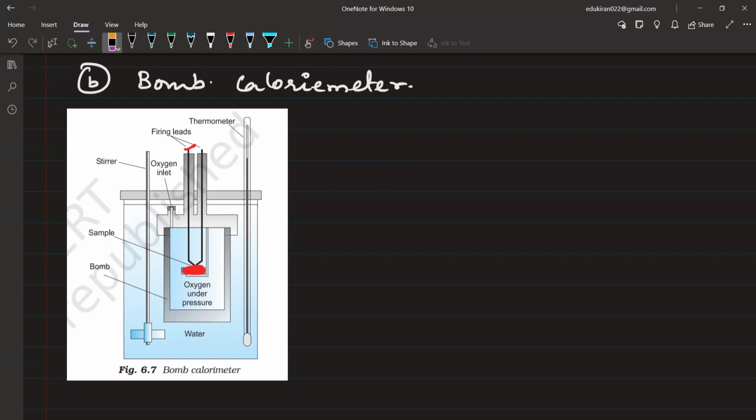You fire this up, this will go down, and this will heat this sample up. And since you have oxygen, combustion will take place. सबसे पहले देखिए क्या होता है?